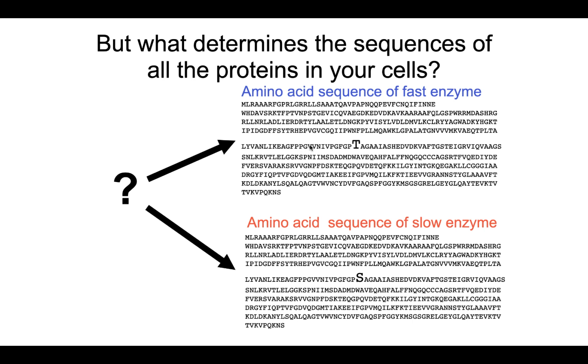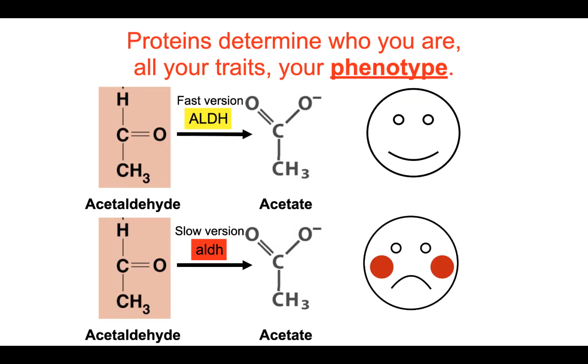So all of these letters represent the various amino acids and the order in which they occur in the protein, the acetaldehyde dehydrogenase protein. And notice these two people, they have the exact same sequence except the fast enzyme has a T here and the slow one has an S here. And that's it. That's what distinguishes whether you will have alcohol flush or whether you won't. Just that simple amino acid change.